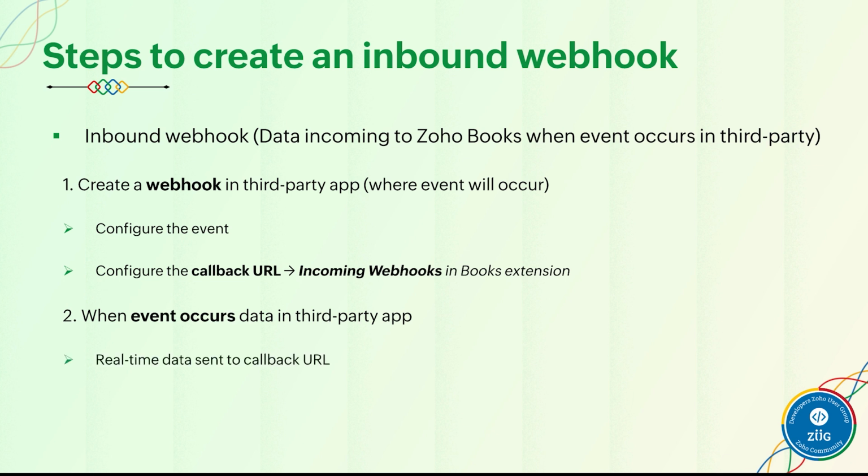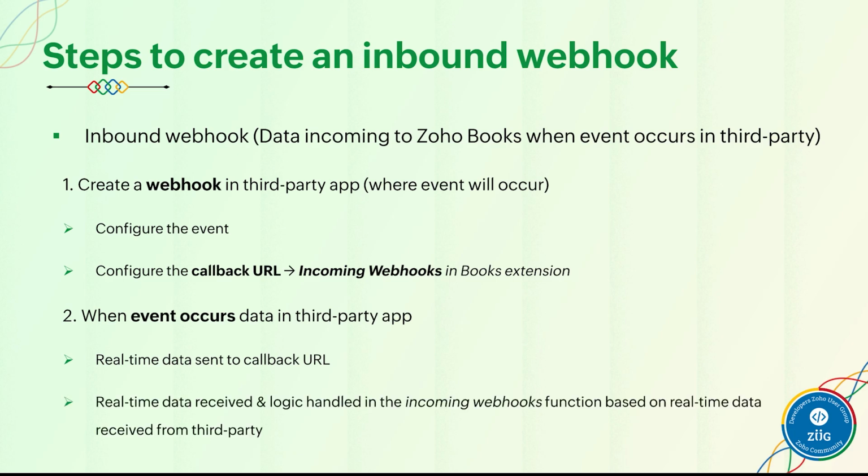This incoming webhooks function, having received the data, can now execute any logic needed inside Zoho Books using the incoming payload. Essentially, the incoming webhooks function not only provides the callback URL but also handles the entire data processing flow within Zoho Books. These are the steps of setting up an inbound webhook while building a Zoho Books extension.